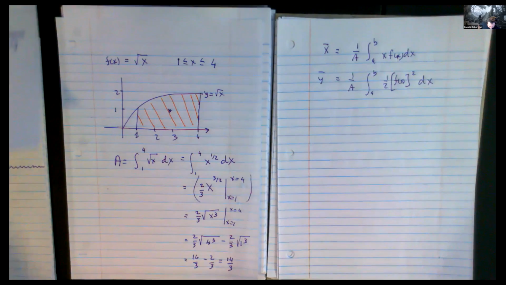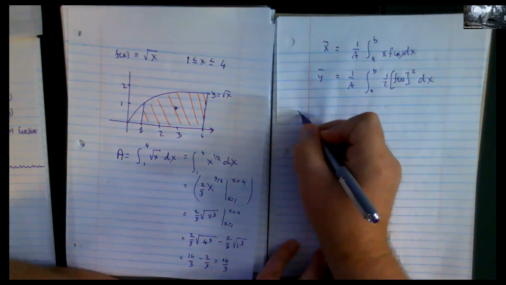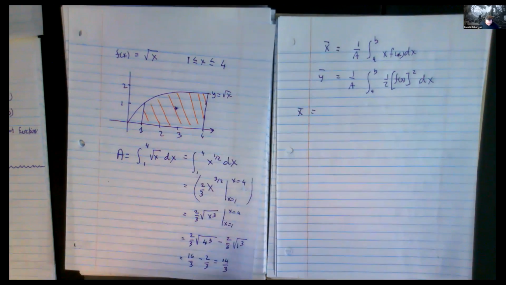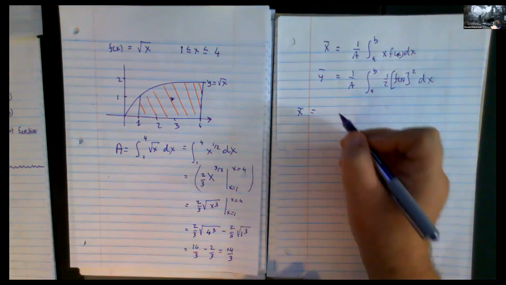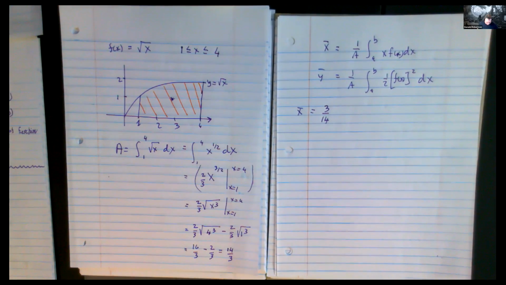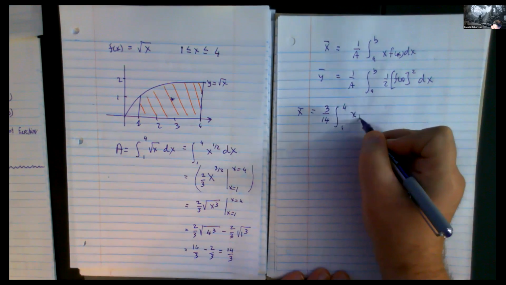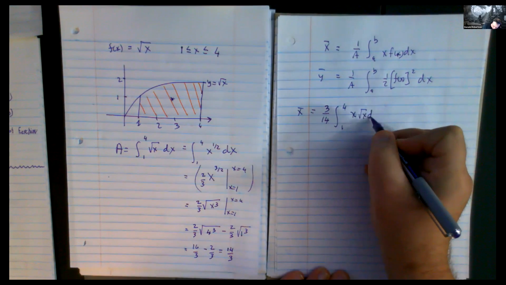So x bar is going to be 1 over 14/3. Doesn't that get you 3/14? So you're happy about 1 over A being just the reciprocal of this. The integral from 1 to 4 of x square root of x dx.